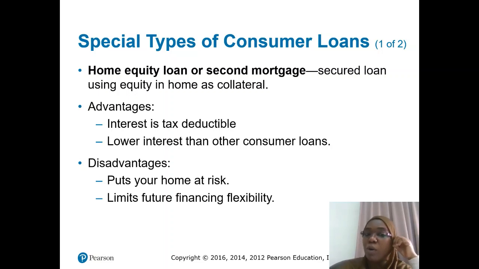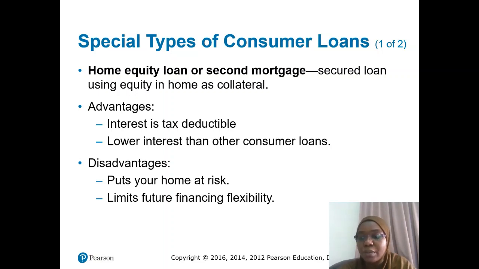Then there is lower interest than other consumer loans when it comes to home equity. One of the disadvantages is the fact that it puts your home at risk, because this is your collateral. This is what you'll be using to secure the loan. If anything happens, if you default, then your property is going for it. It also limits your future financing flexibility.